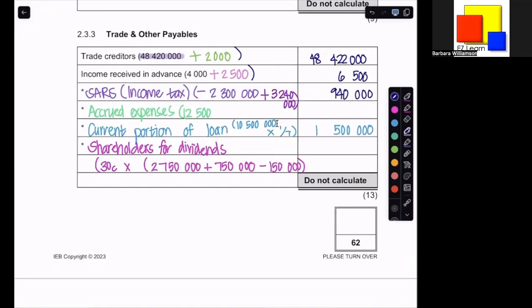Remember that this is where if it ended up being a minus, I would simply move it up. And that's why having an extra space in the receivables is quite nice, just in case I needed to do that. Obviously, accrued expenses is 12,500. Current portion of loan we've got, shareholders for dividends, you can then go and calculate as 1,005,000. And you're finished. Good luck.